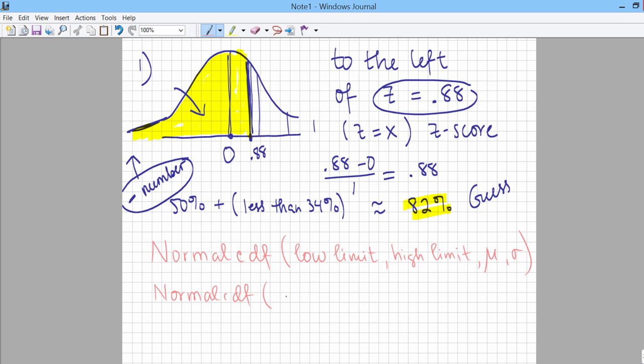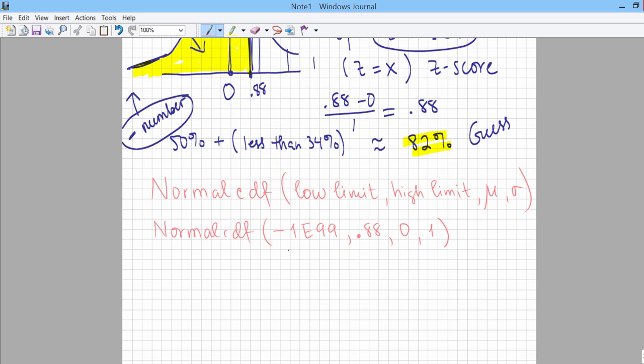You can do it a couple of different ways. The book is teaching you to do negative 1E99, and then up to 0.88, with mean 0 and standard deviation 1. You can do it this way, but sometimes you type in the wrong E for 99, and I'll show you what the difference is.